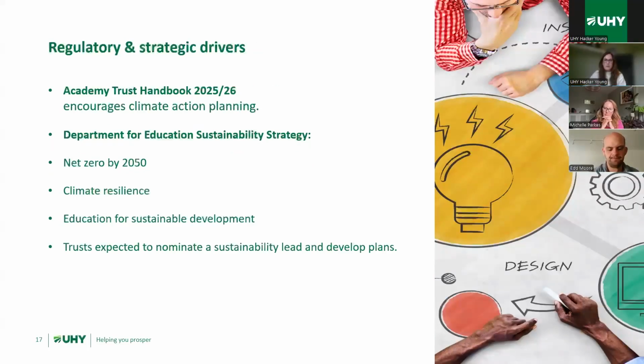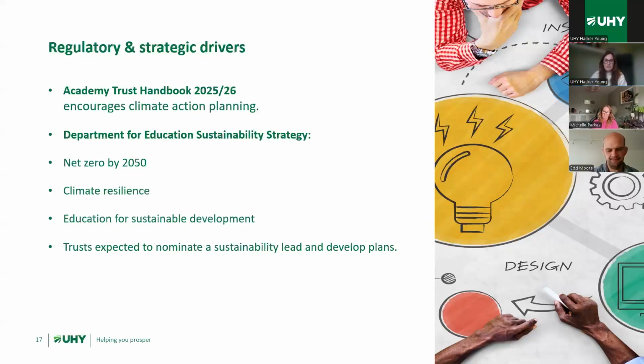So thinking more about regulatory and strategic drivers, the 2025 Academy Trust Handbook encourages trusts to nominate a sustainability lead and develop a climate action plan. It's not yet a must, but it really won't be long until it will be. This aligns with the Department for Education strategy to reach net zero by 2050, improve climate resilience and embed sustainability into the curriculum.